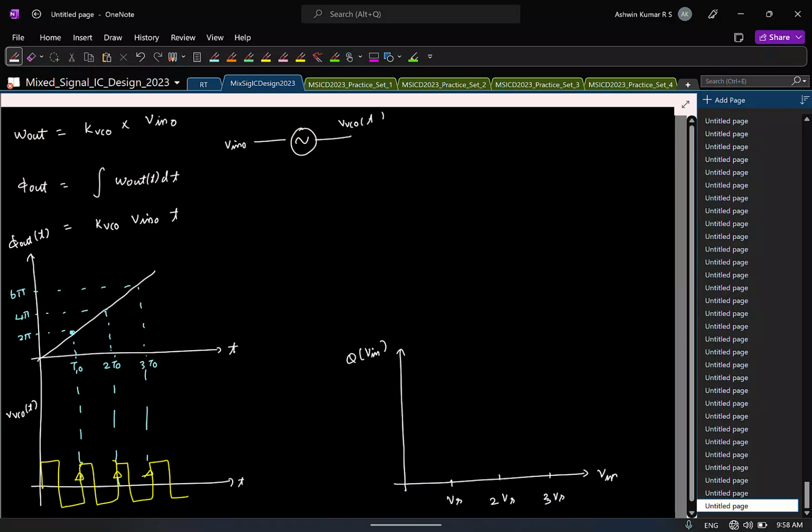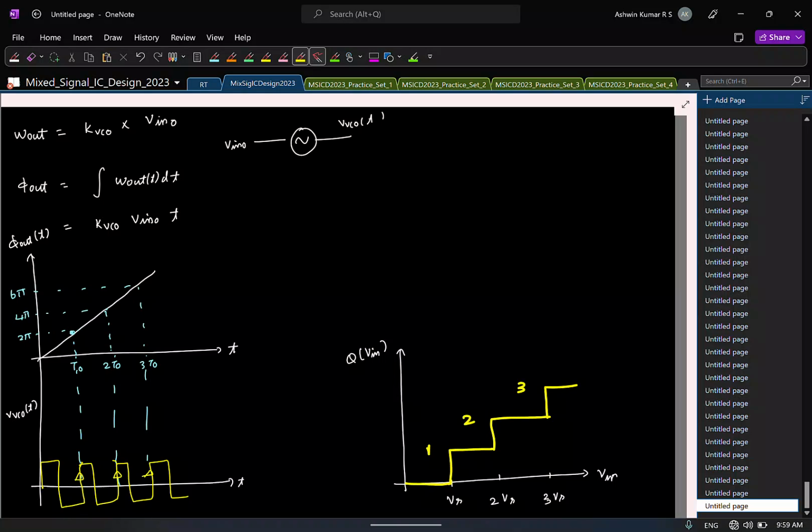I will say that if the voltage is lying between 0 and VR, it is 0. If it is lying between VR and 2VR, I will say the output code is 1. So I am taking the voltage, comparing it with a bunch of reference voltages and then taking the decision.